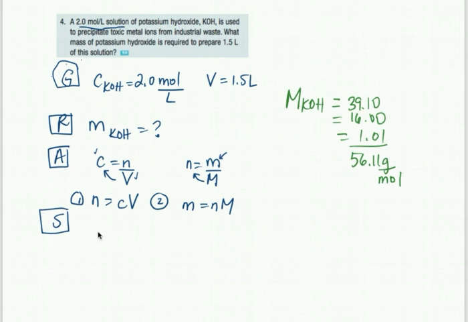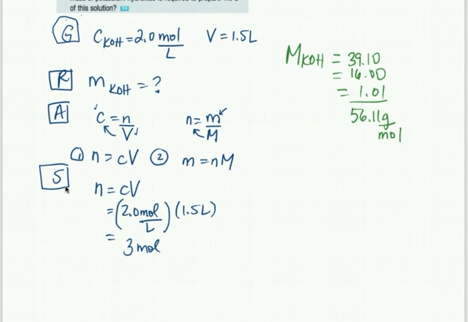So we have to find the, not the concentration, we're going to use this one. We're going to use the amount. To find the amount, we need to multiply the concentration times the volume. Okay, so that's the first part.